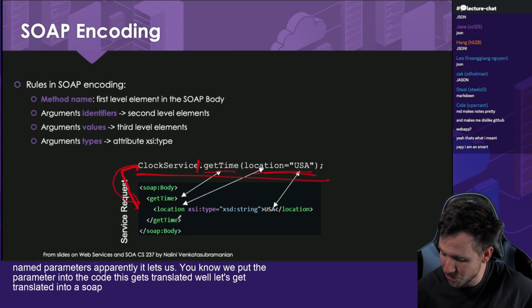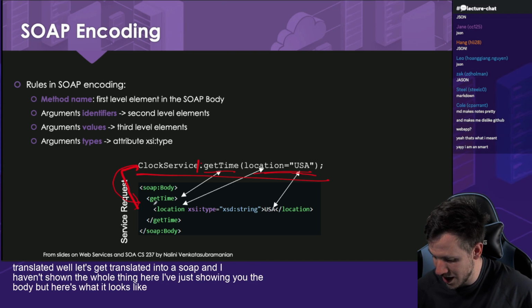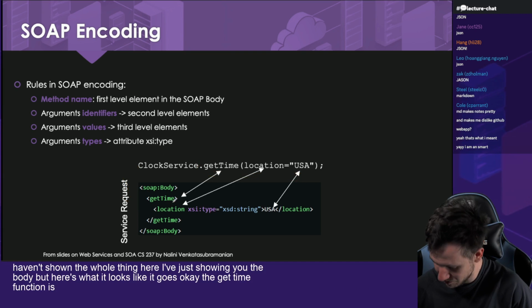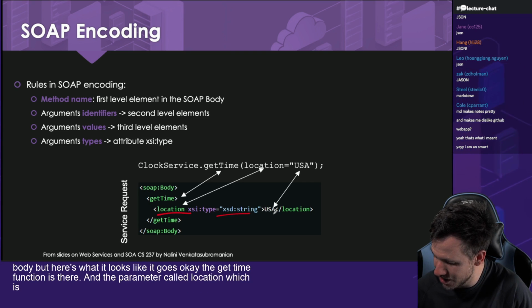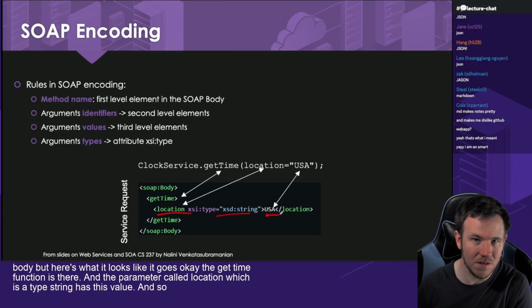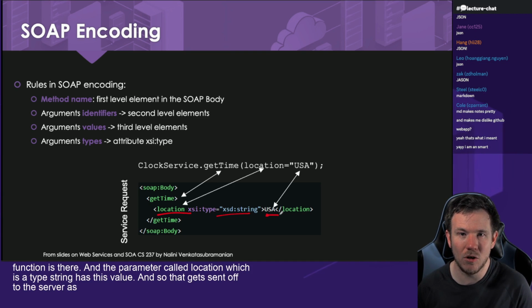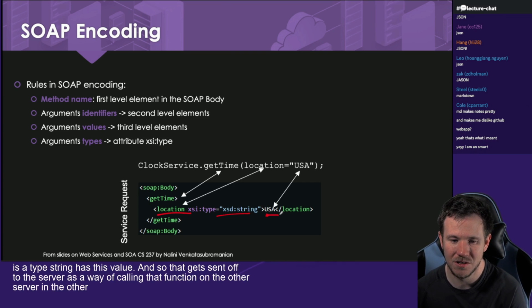I haven't shown the whole thing here, I've just shown you the body. But here's what it looks like. The getTime function is there, and the parameter called location, which is of type string, has this value. And so that gets sent off to the other server as a way of calling that function on the other server in the other programming language.